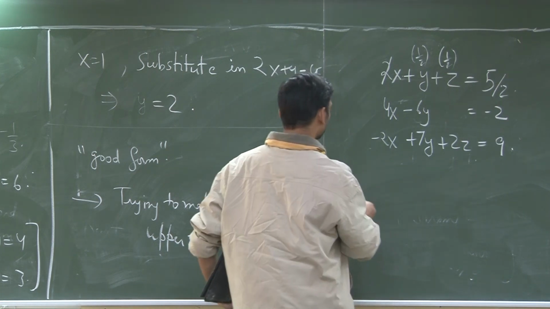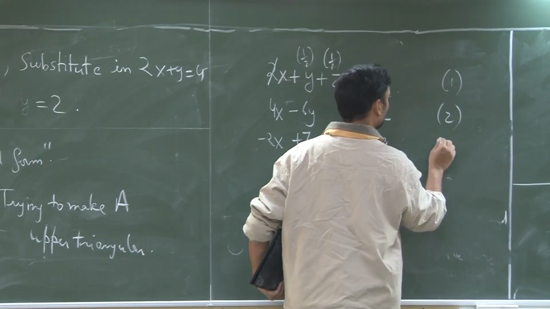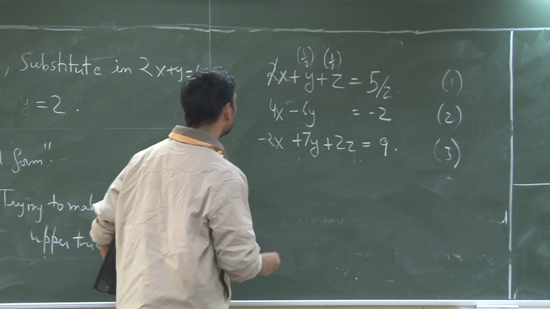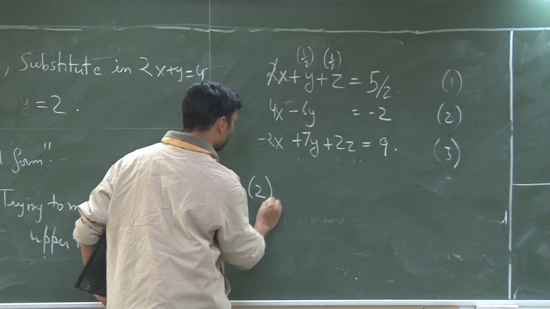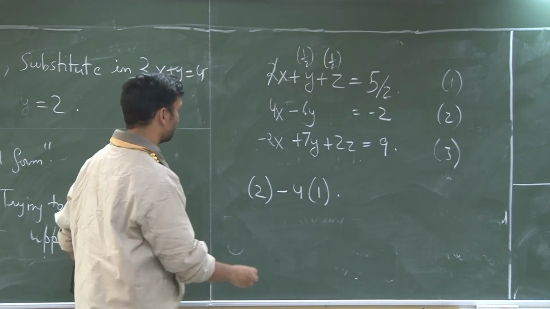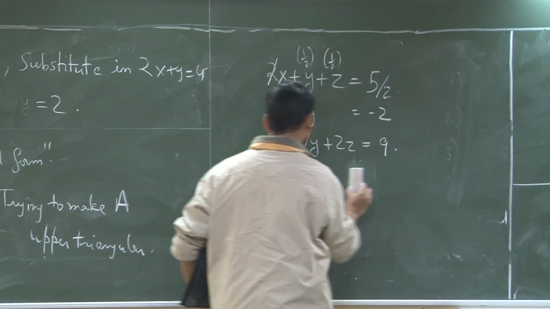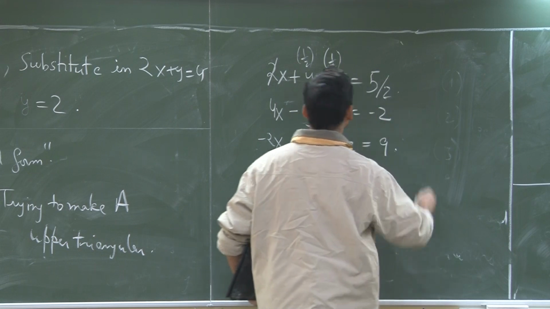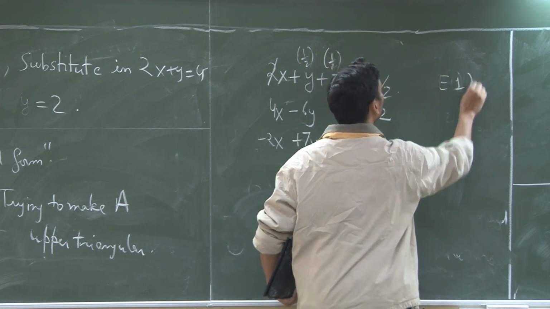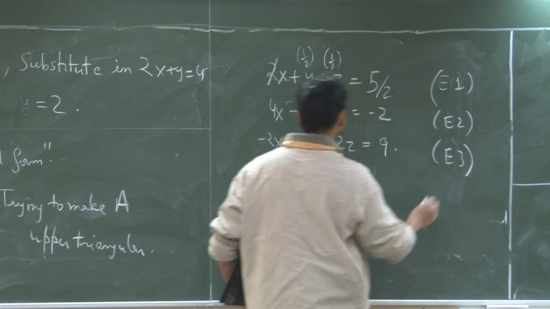So what I am going to do is 2 minus 4 times equation. Let me just make a better notation so that you do not get confused. Sorry for this. Let us call it E1, equation 1, equation 2, equation 3.